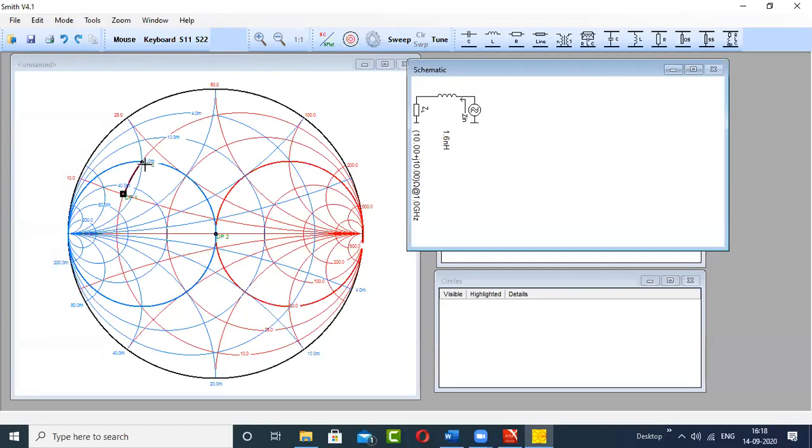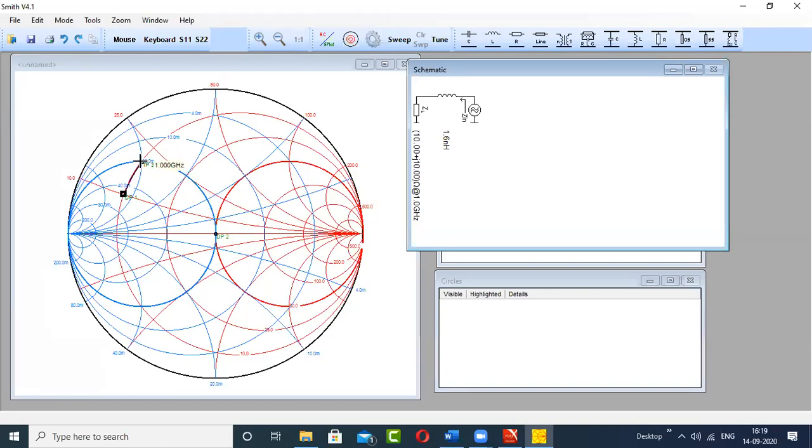Now you have reached this intersection point, but your goal is to move to the center of the Smith chart. So you cannot move further on the same path because this will take you away from the center. Now you can see that this dark blue circle, which is part of the admittance chart, is passing through the center of the Smith chart.